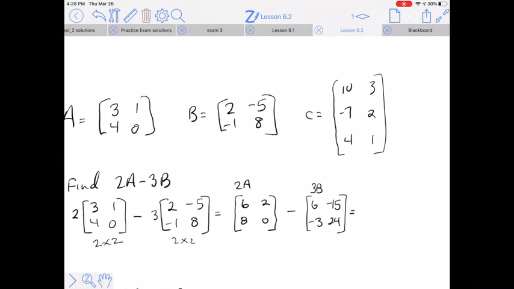So we'll subtract entries in the same spot now. For example, this first entry here, subtract that first entry there. You gotta make sure you're subtracting or adding entries that are in the same spot.